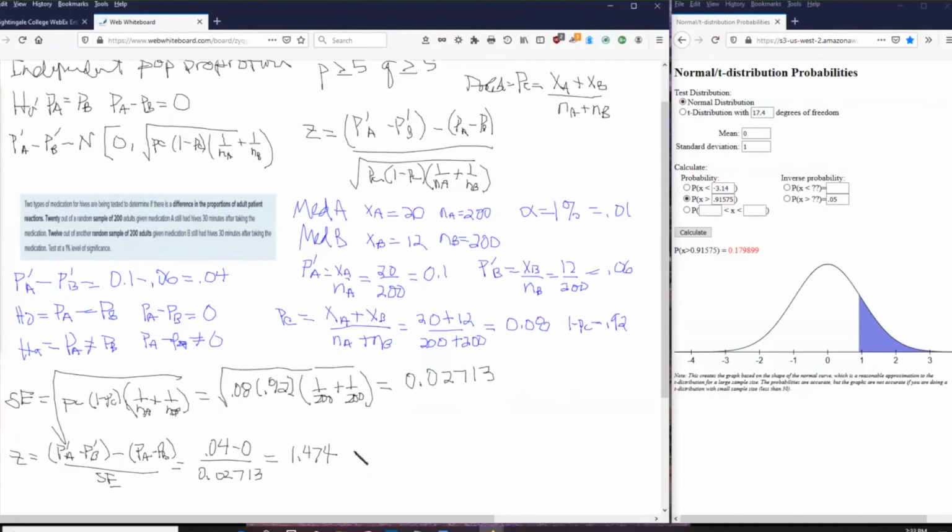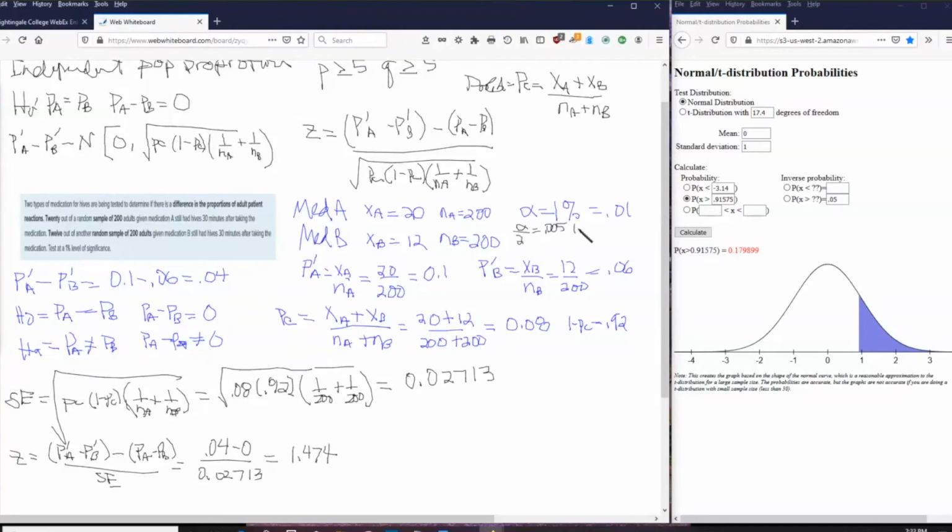Okay, and then up here, they gave us a significance value of 0.01. So let's calculate what that is. Because we've got the equal signs, that tells us it's going to be a two-tailed test. So half of alpha is going to be 0.005.